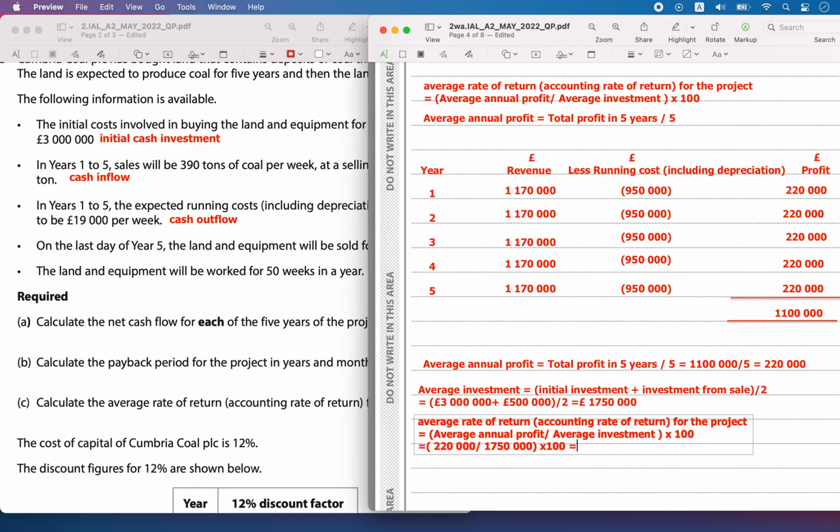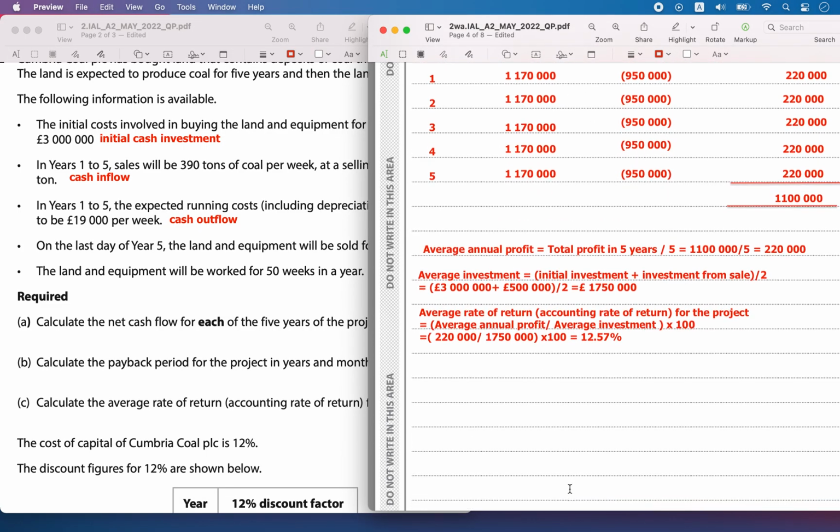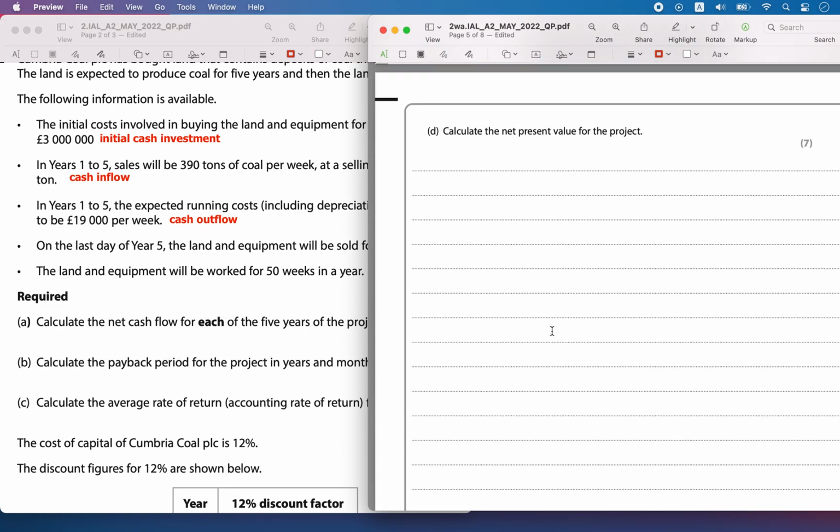That is equal to 12.57%. This represents the average rate of return for the investment. For an average investment of 1,750,000, you are going to get a profit of 220,000.